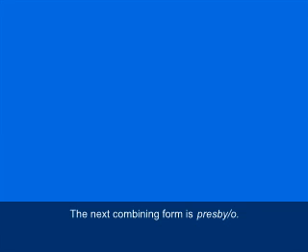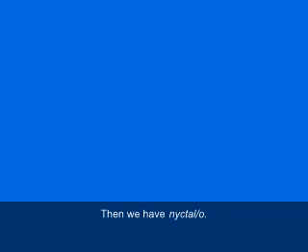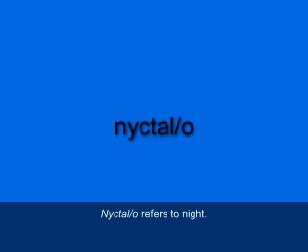The next combining form is presbyo, P-R-E-S-B-Y/O, and presbyo means old age. Then we have nyctalo, N-Y-C-T-A-L/O. Nyctalo refers to night.